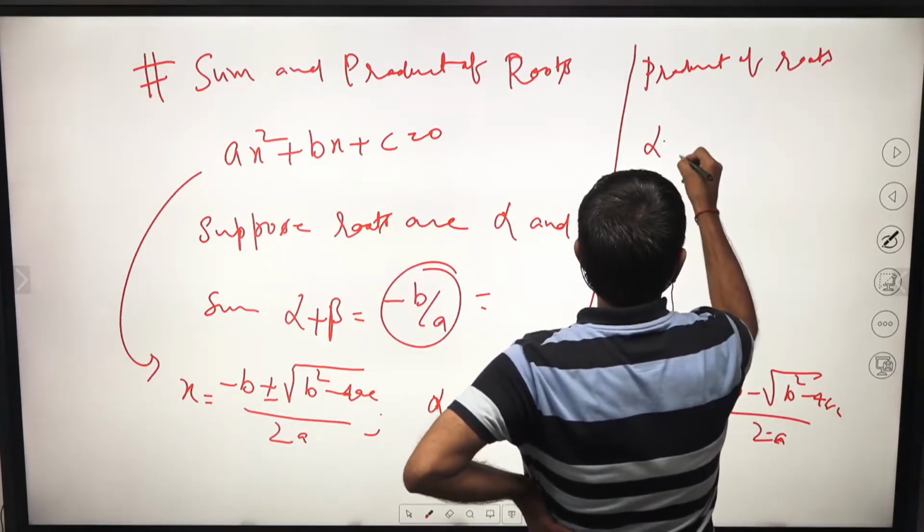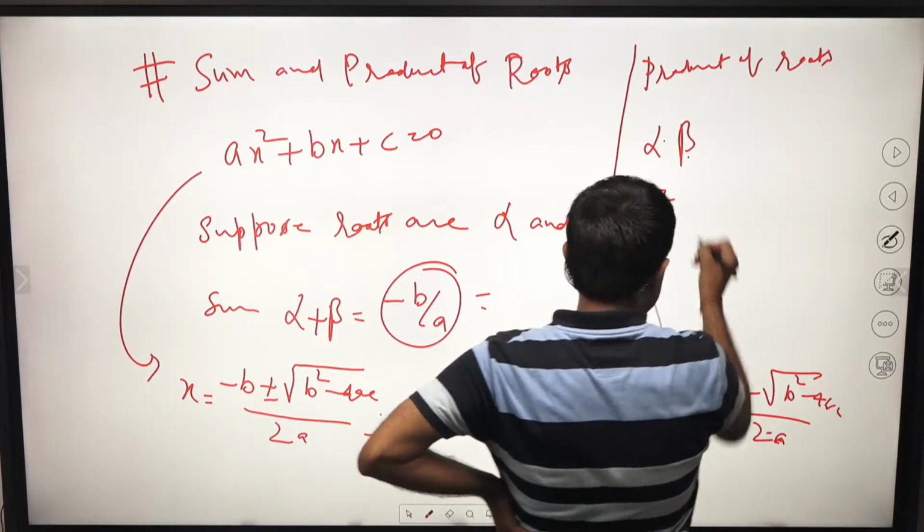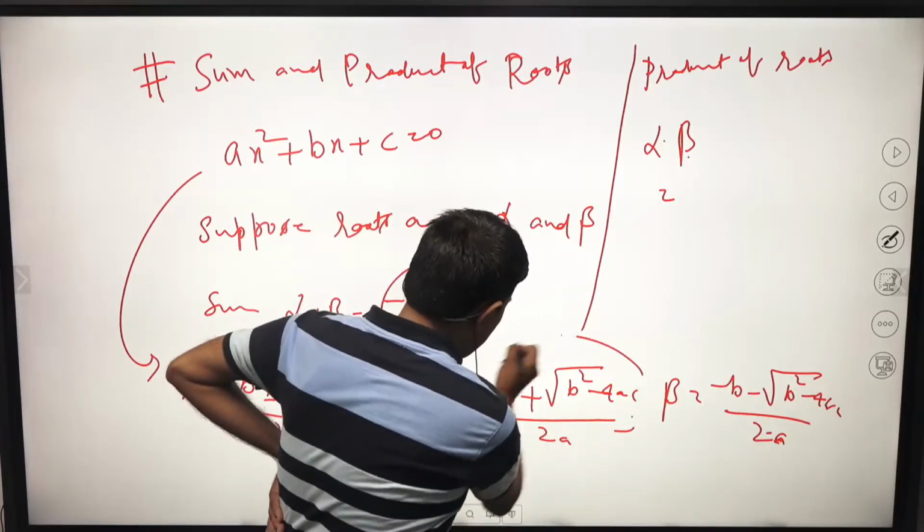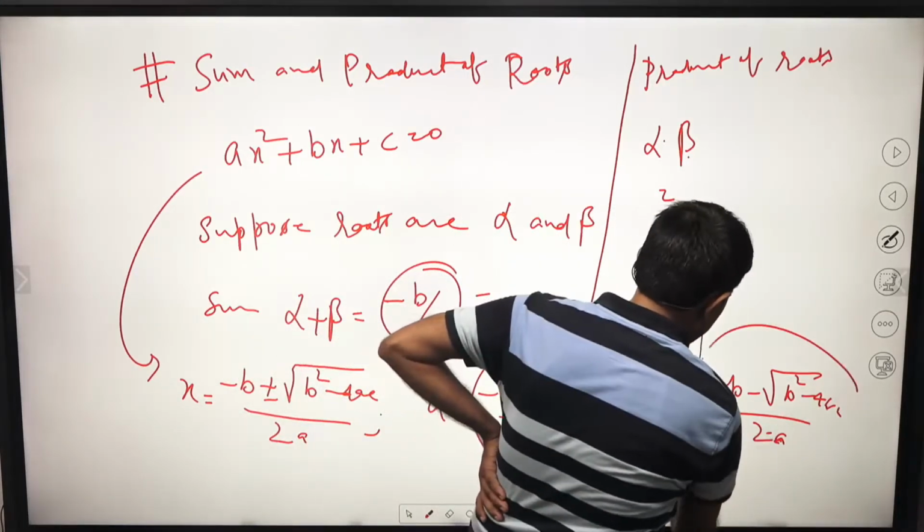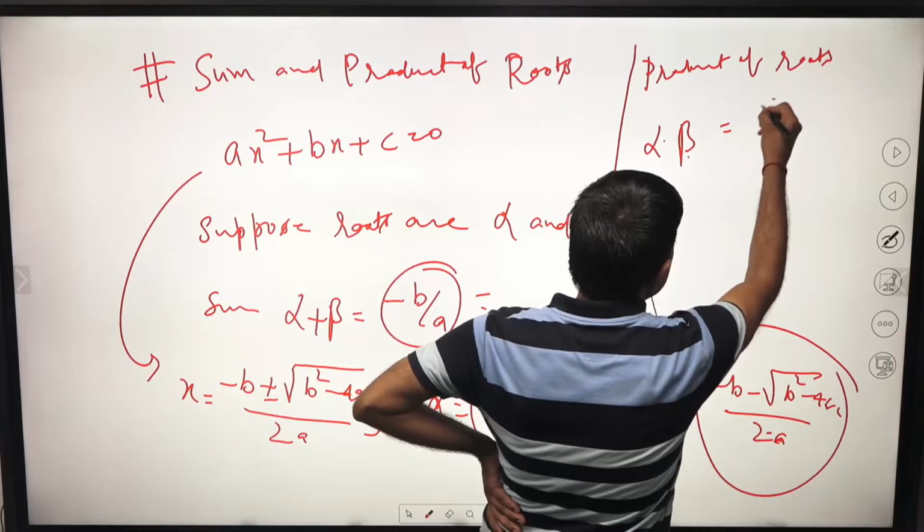So alpha into beta. Simply take the product of these two terms, that gives c by a.